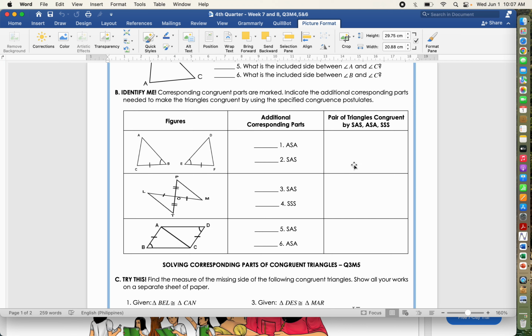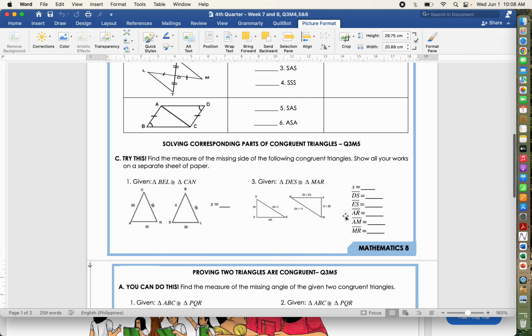And then, on the third column, you are going to name the triangle based on the corresponding parts. So, try to remember that naming the triangle should be according to corresponding parts. So, dapat yung congruent na angle, doon di kayo mag-start sa corresponding niya na angle. Same with the side.